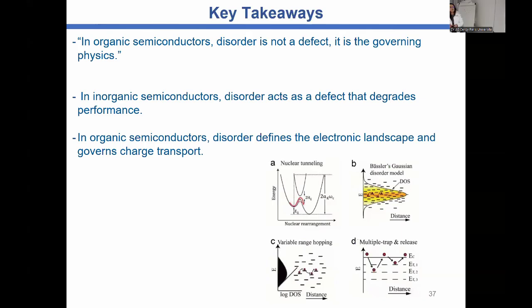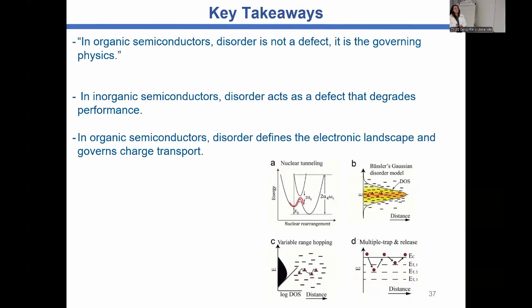So the key takeaway message with this course, actually, I didn't see that I said it quickly today, so I finished early. But the main message is organic semiconductor. In organic semiconductors, disorder is not a defect.